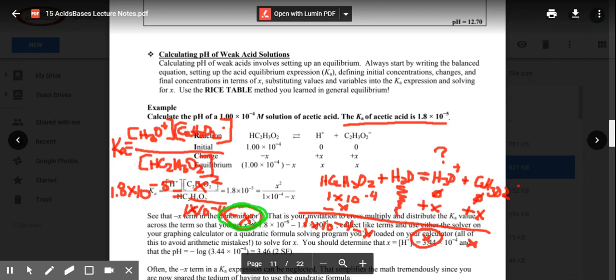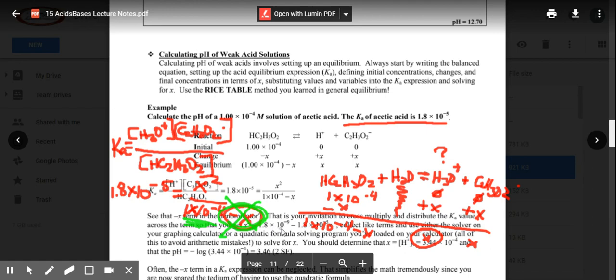If this x is a very, very small number, then if I subtract a very small number from this number, it's not going to change this number very much, if at all. So what I could do is neglect this x. Only this x is the one that I can neglect.